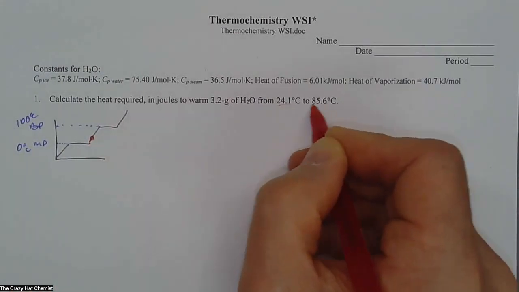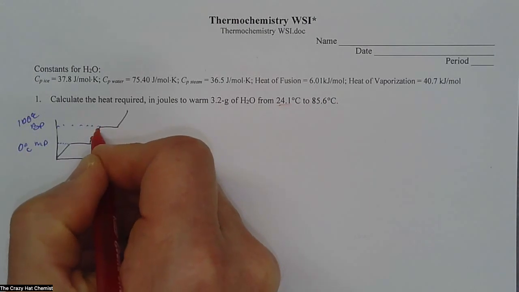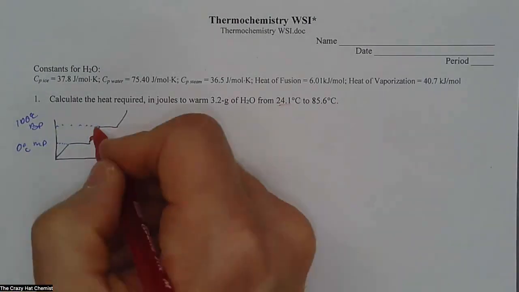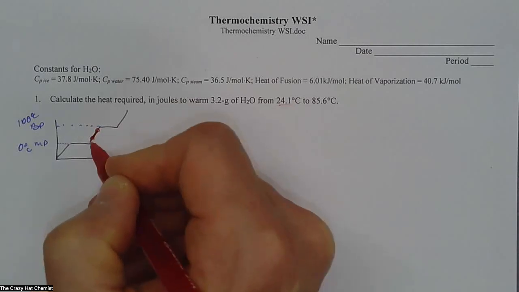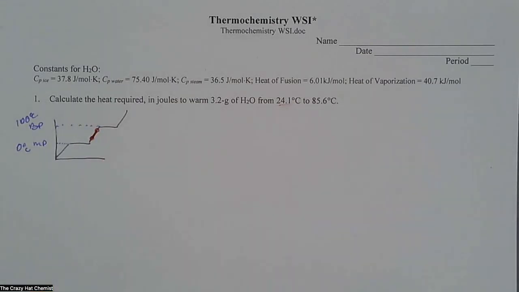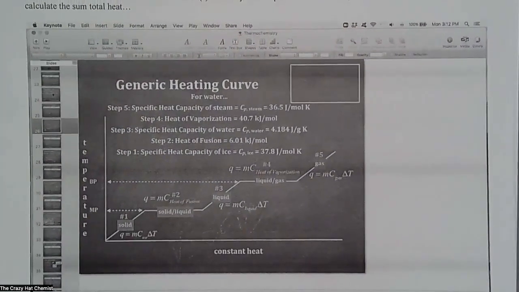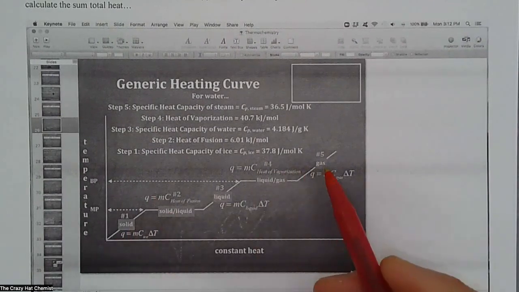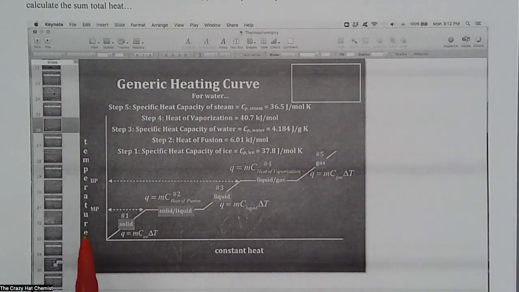And then the high temperature is 85.6, which is going to be right here. Then we're just going to connect the two dots. So really what we're interested in is acquiring this graph right here. Based on this graph and those temperatures, I know what equation I'm using.